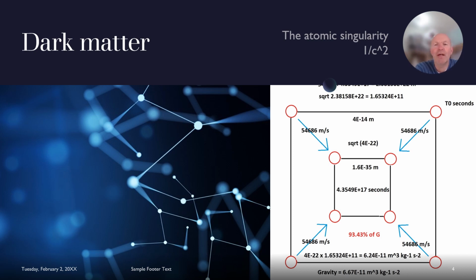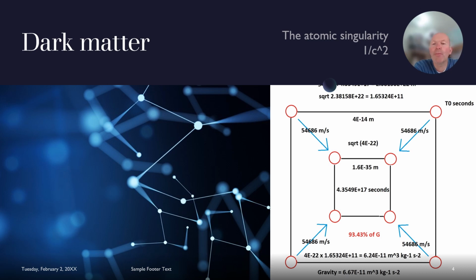Okay, so we have an original distance apart of the particles in the Hebrew singularity of 4e to the negative 14 of a meter, and they're traveling down to 1.6e to the negative 35 of a meter, and the difference between those two is 4e to the negative 22 of a meter.